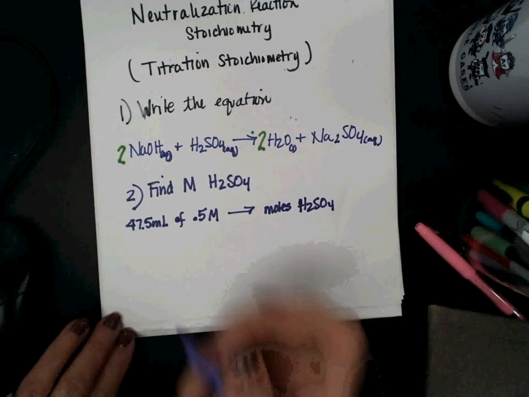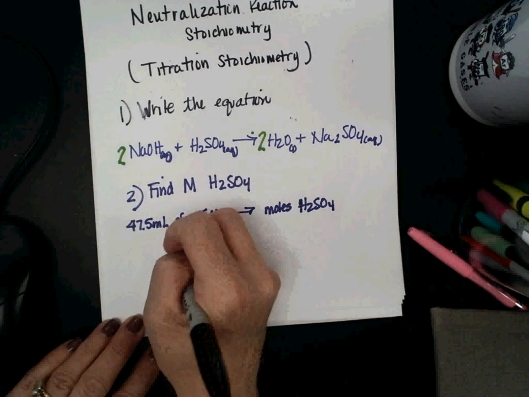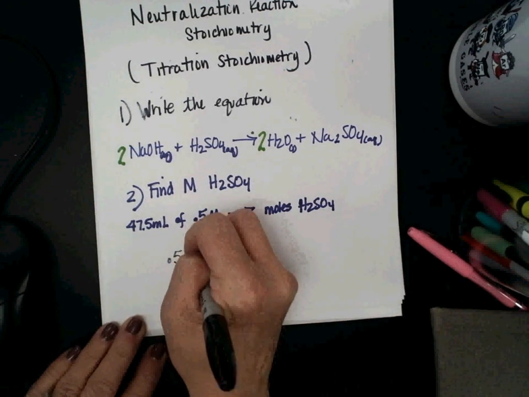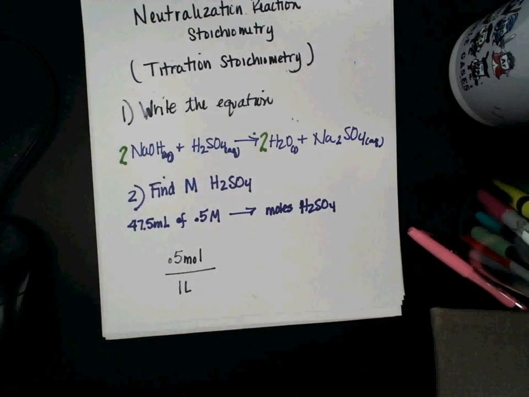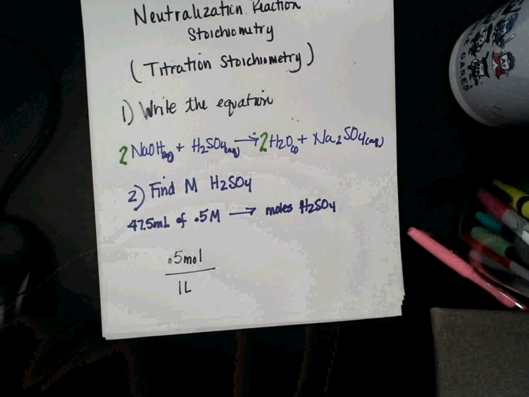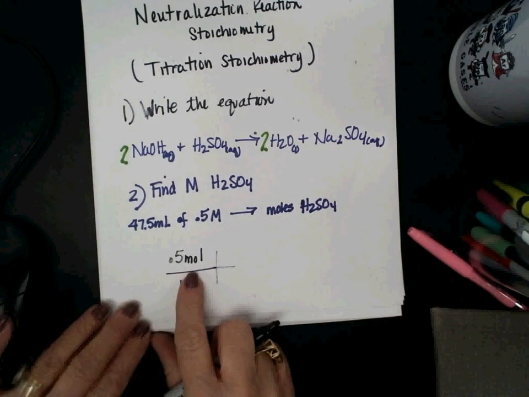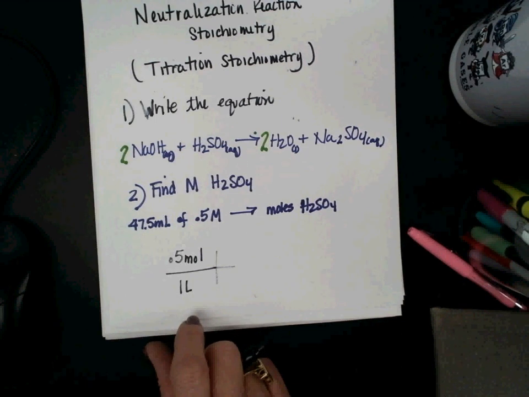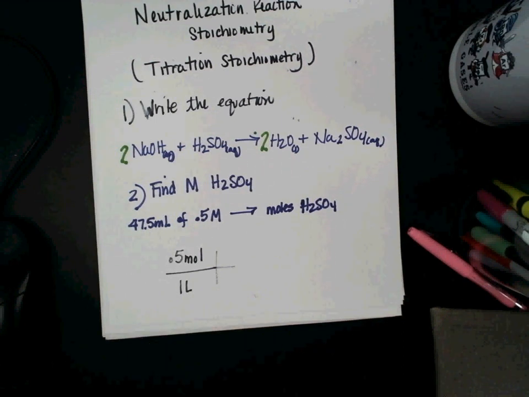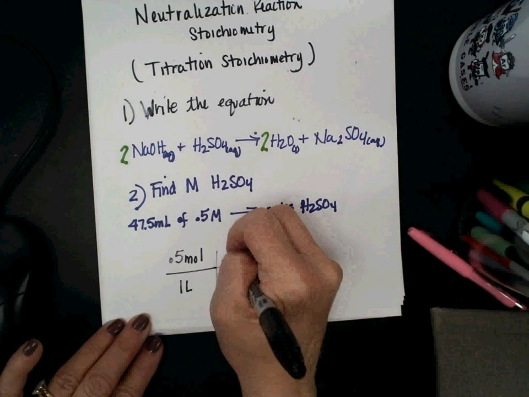So I have 0.5 moles in 1 liter. If I have 0.5 molar, that would be 0.5 moles in 1 liter, but do I have a liter of it? How much of it do I have in terms of liters? Yep, 0.04, is it 5.7?